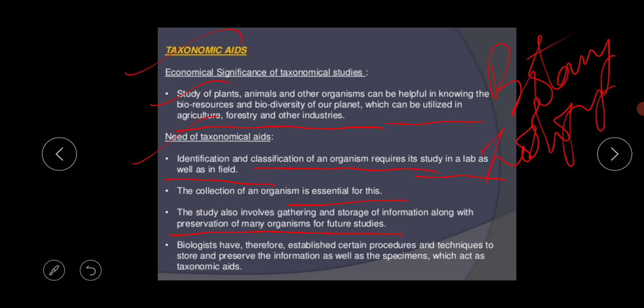Suppose I am experimenting on ants, so I need some collected ant specimens, otherwise I cannot experiment. So for this collection, taxonomic aids are very important. We cannot collect plant and animal specimens just normally, so we should follow some scientific rules to collect them.